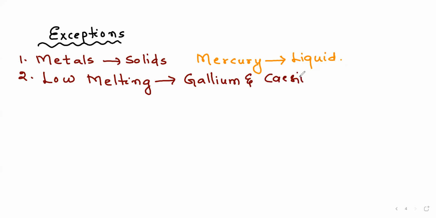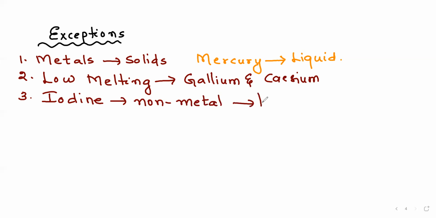These are the two metals which have a very low melting point. These two metals will melt when you keep them on your palm, which means even body temperature is enough. Now, iodine is actually a non-metal, but it has luster. It is the only non-metal which has a luster. So this is one other exception, among non-metals.